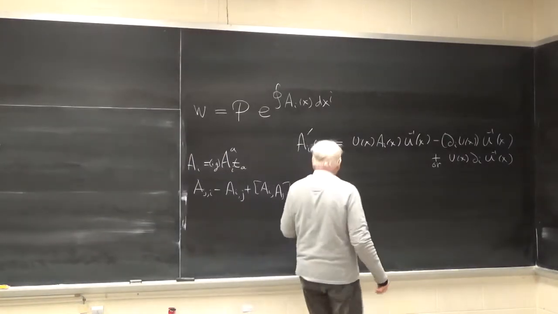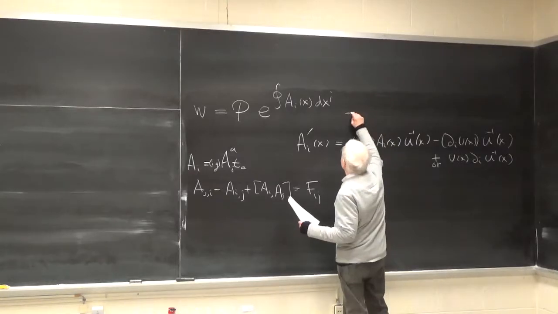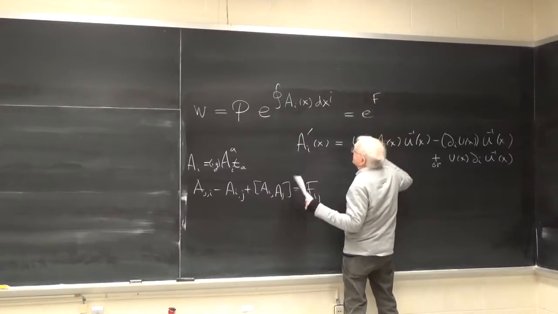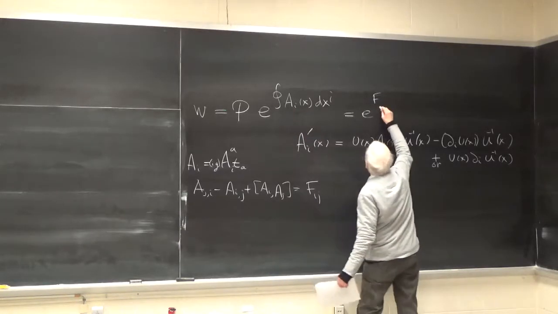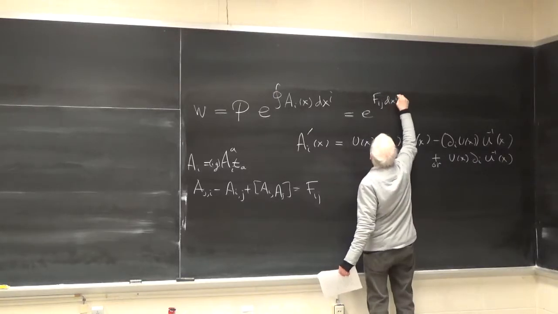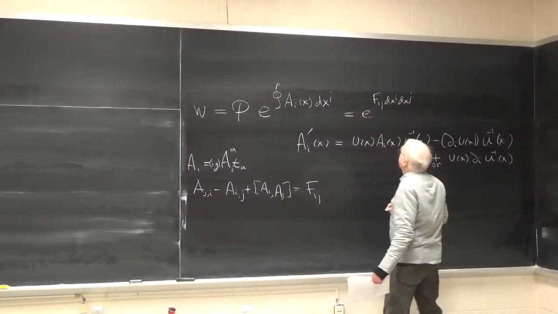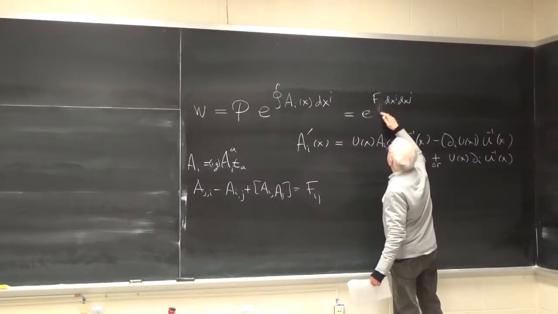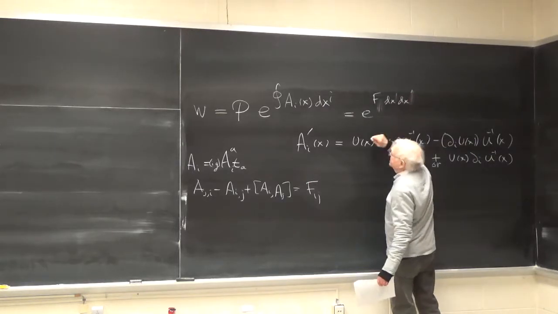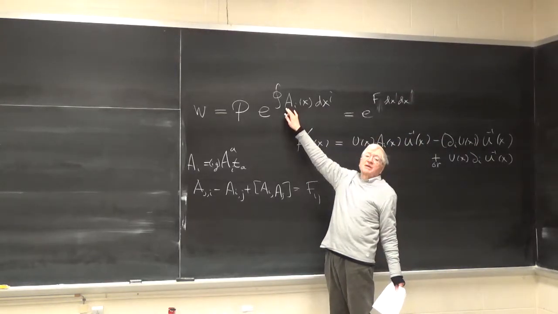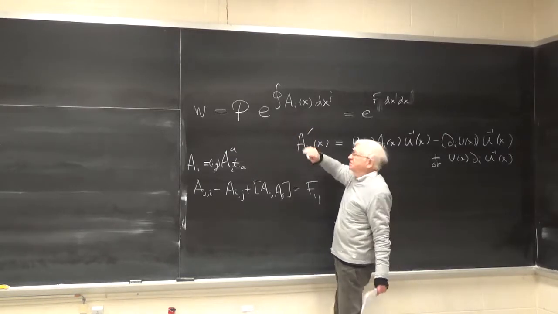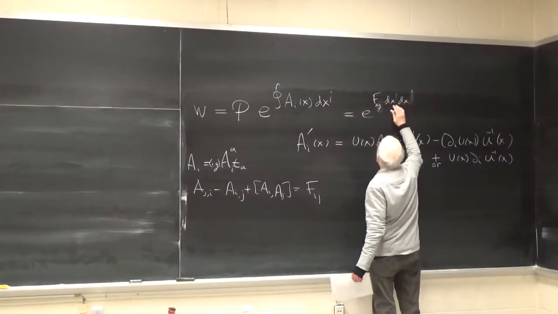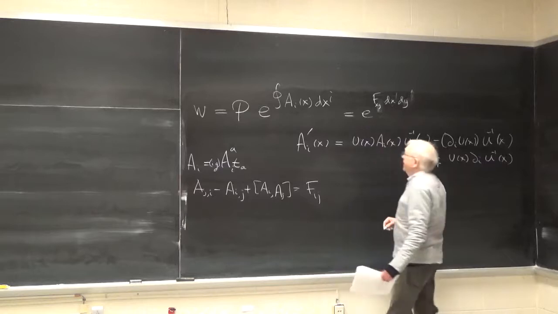Okay, so what I want to do is to show you that this is in fact e to the, let us say this is F_ij dx_i dx_j. I think this is a little bit misleading, so let me be more explicit. Let's suppose this loop is in the xy plane, two spatial directions, say. Then this is F_xy dx dy.